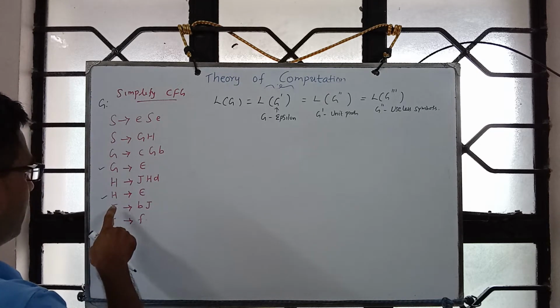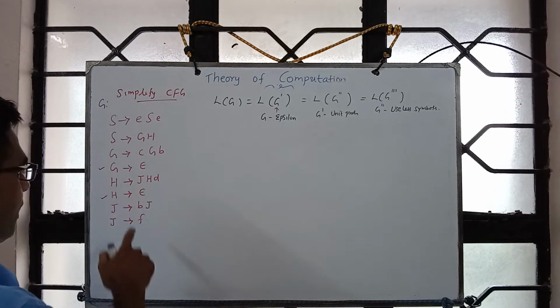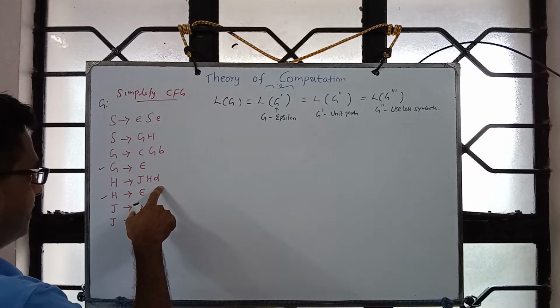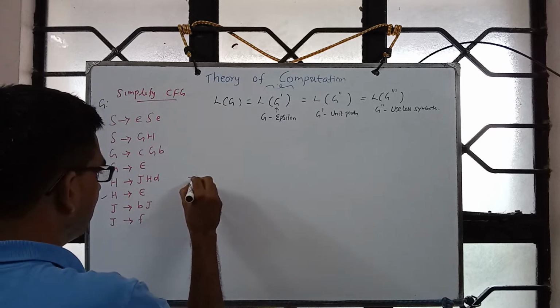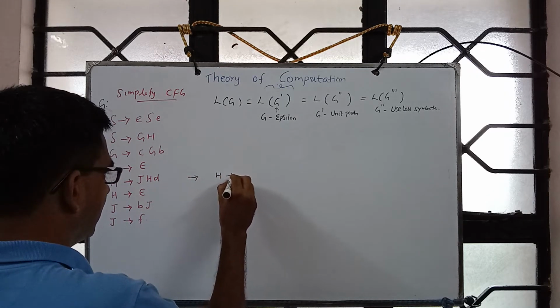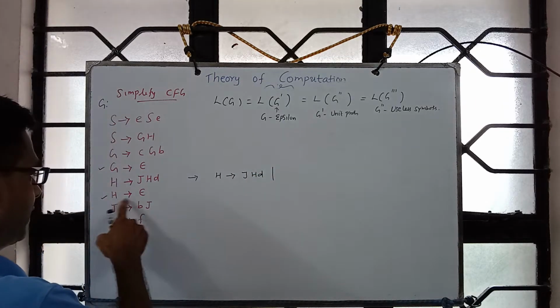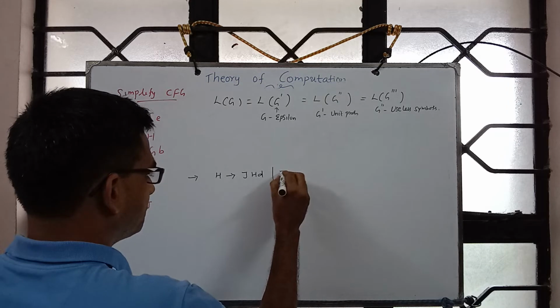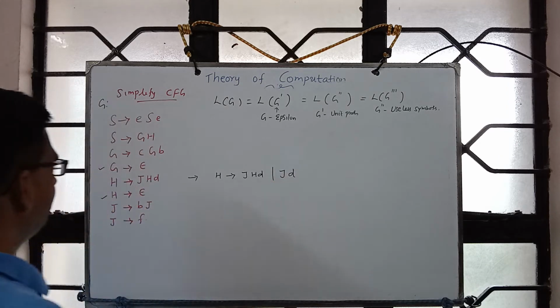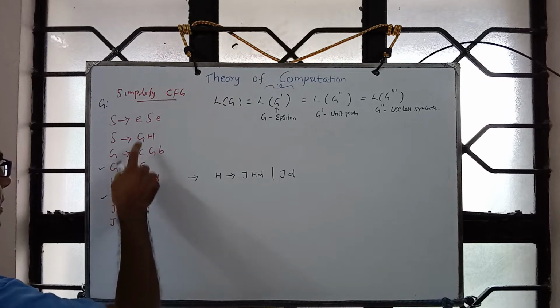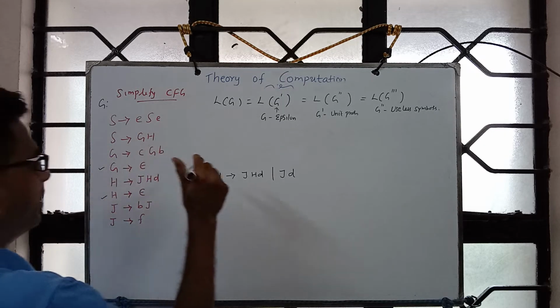Okay, so now let's look at this. You find that H implies JHD, one can also apply epsilon, means we get JD. And do we find H in any other place over here?